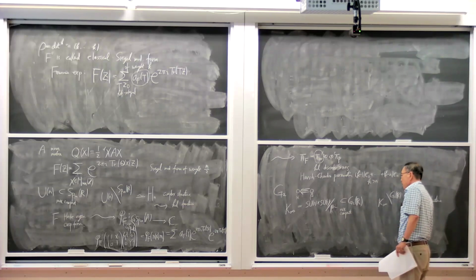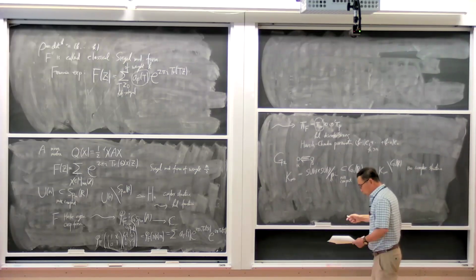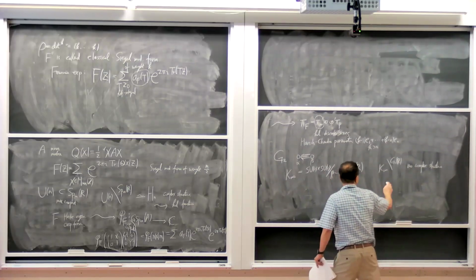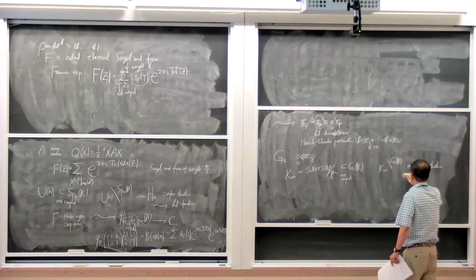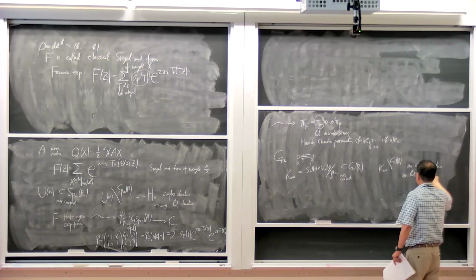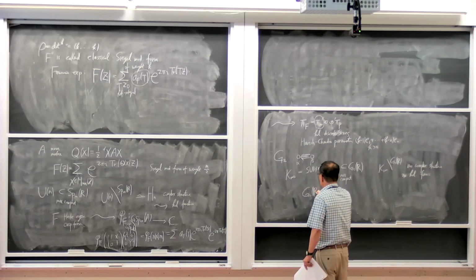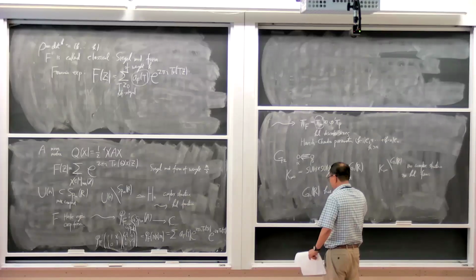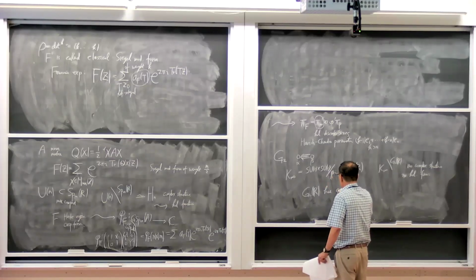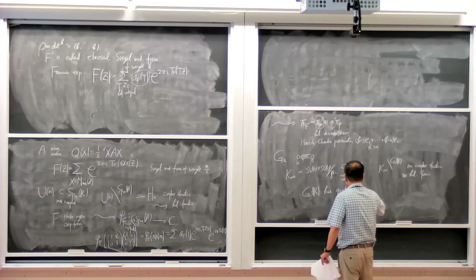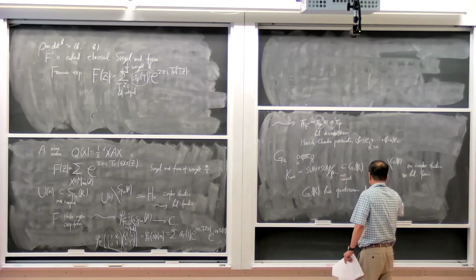So G2 has no holomorphic forms. But G2 has quaternionic discrete series. So let me explain the quaternionic discrete series.